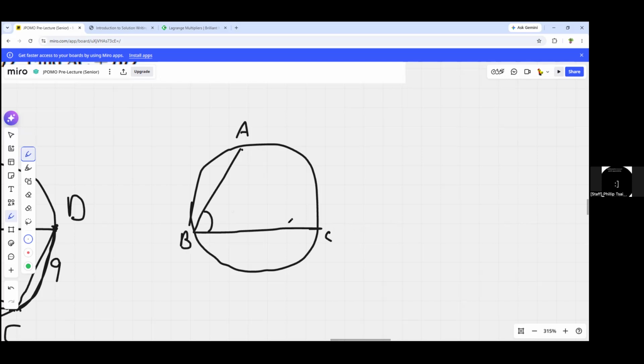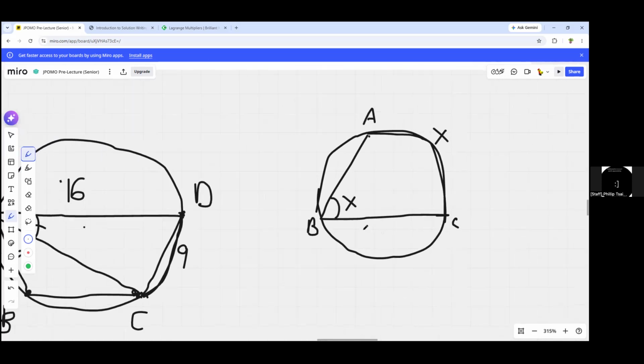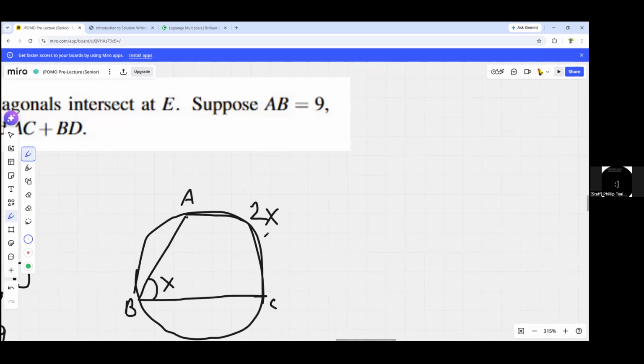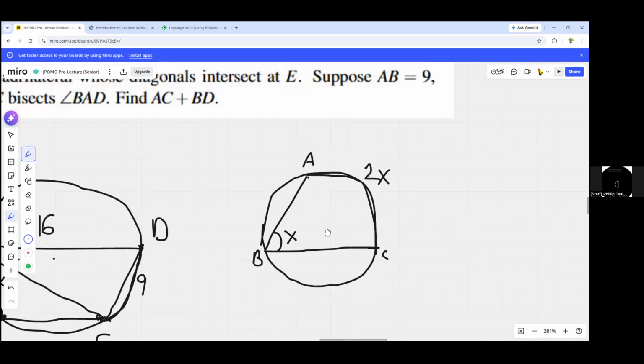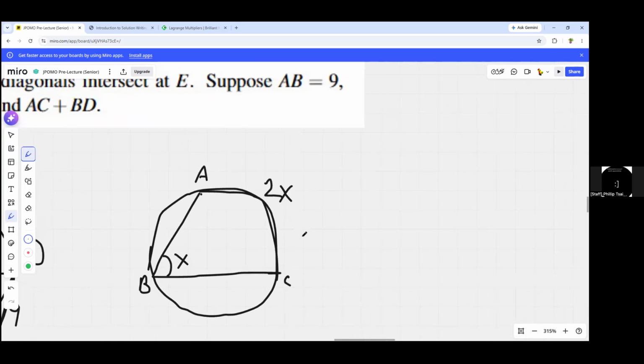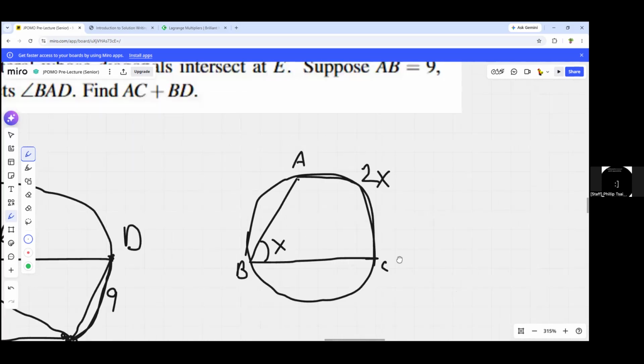So for example, if I have an angle ABC with angle x, this arc right here has arc angle 2x.